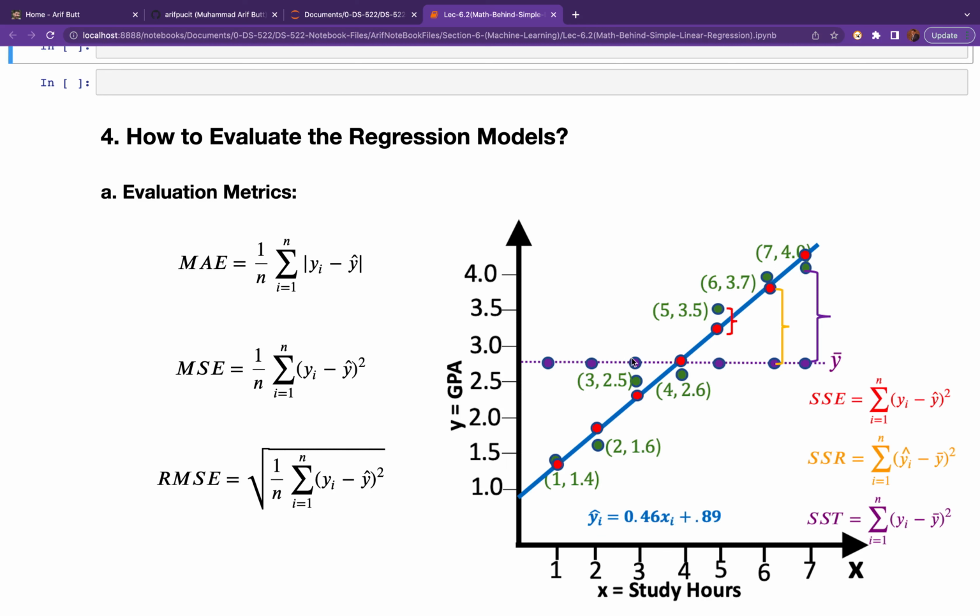And these purple circles are the corresponding points on this purple line, which is the mean of the dependent variable, that is y bar, which in this data set is a GPA of 2.75. Now, based on these 3 different points, there are 3 types of residuals that we normally use, whose formulas are shown over here: SSE, SSR, and SST.